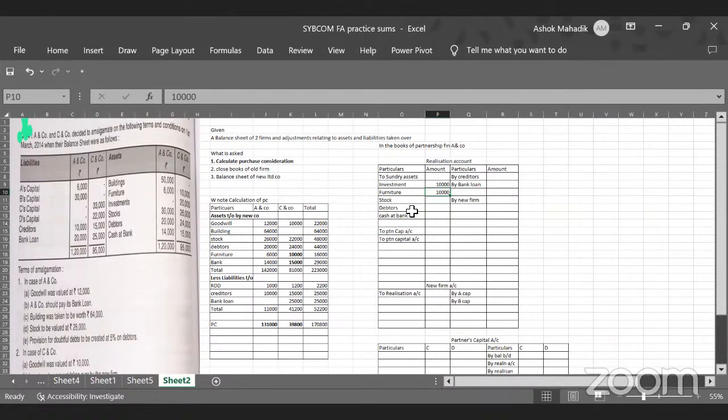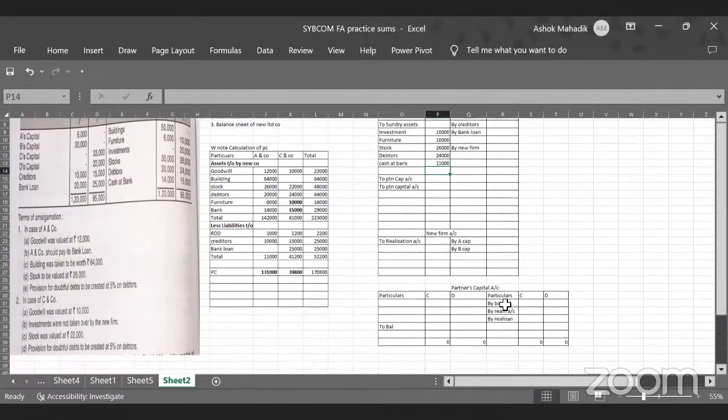Then stock is 26,000. Then debtors 24,000. State Bank 15,000. Okay.